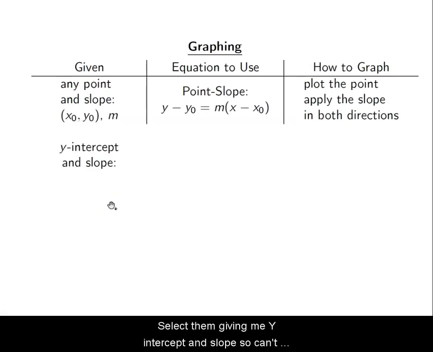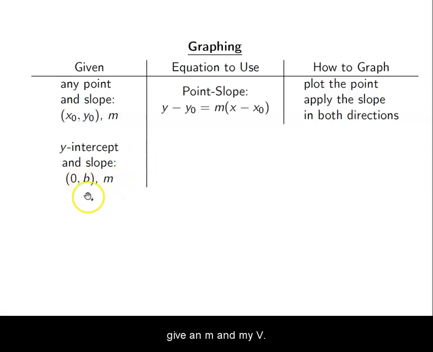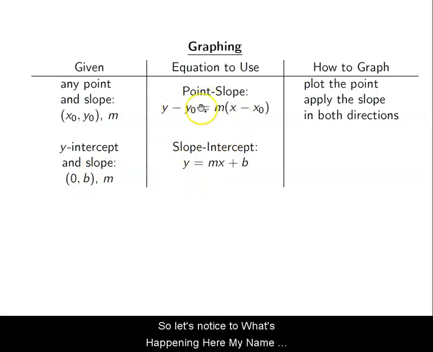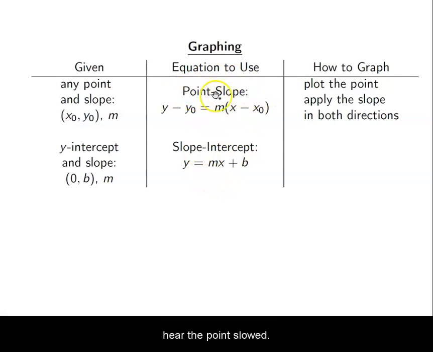So let's say I'm given the y-intercept and a slope. So here I'm given m and my b. Well, the option should be very easy. I'm going to use the slope-intercept form, y equals mx plus b. So let's notice what's happening here. The point-slope form of the equation of a line is based on what I'm given.